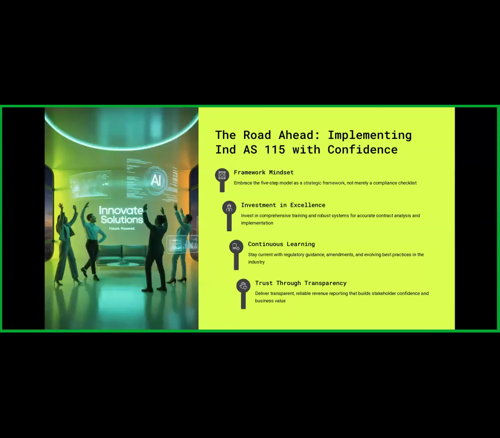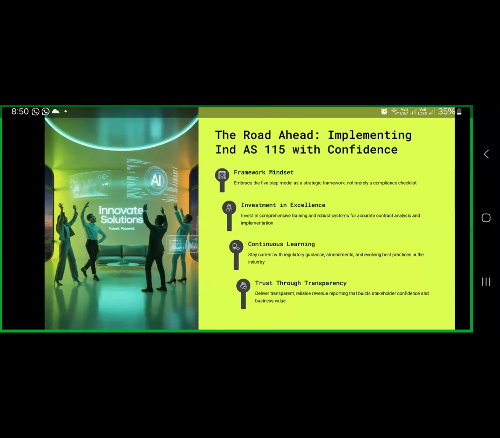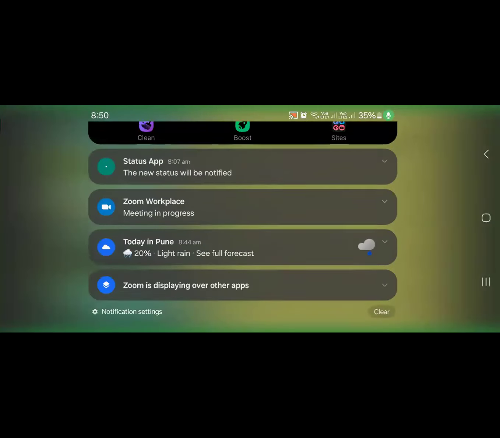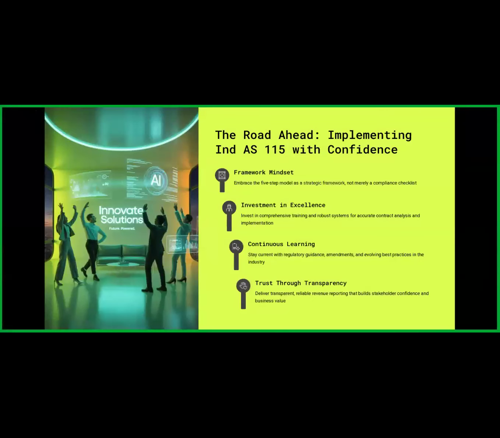Okay, so the road ahead: implementing AS 115 with confidence. So what is the implementing strategy while providing the guidelines as per AS 115? That is the framework mindset. Embrace the five-step model as a strategic framework, not merely a compliance checklist.